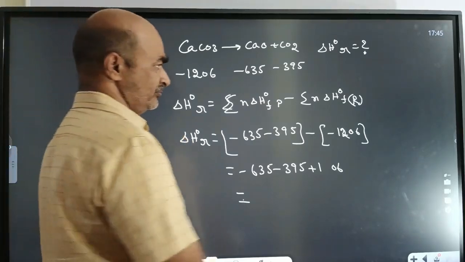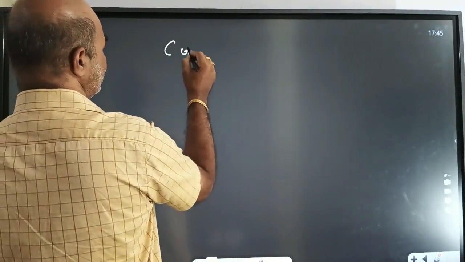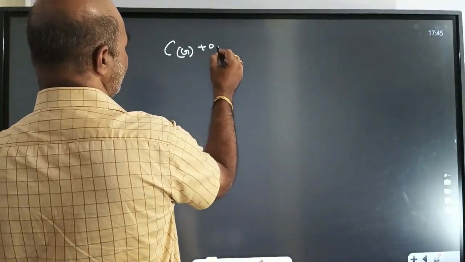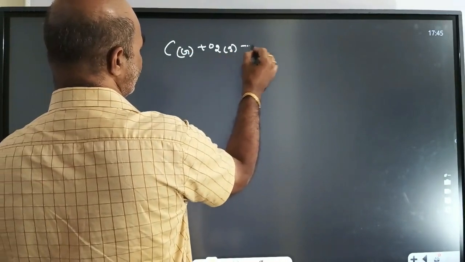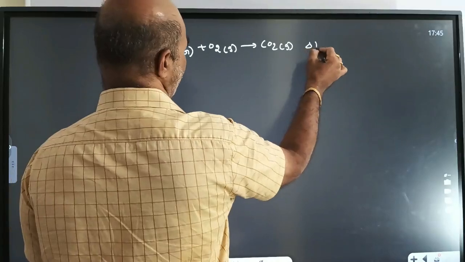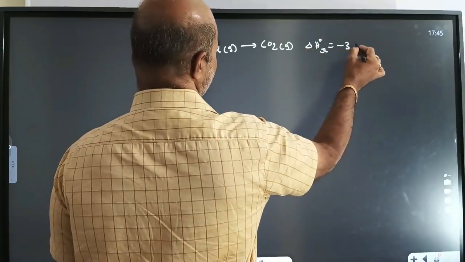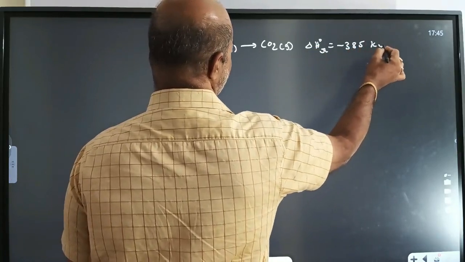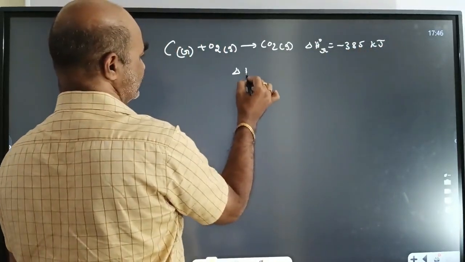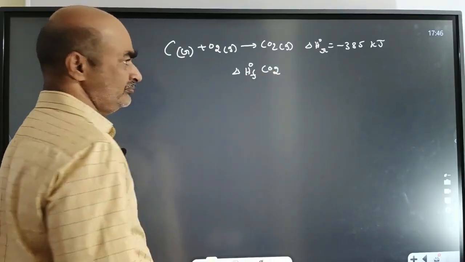Next, C graphite plus oxygen gas gives rise to CO2 gas. The enthalpy of reaction is equal to minus 385 kilojoules. What is the enthalpy of formation of carbon dioxide?